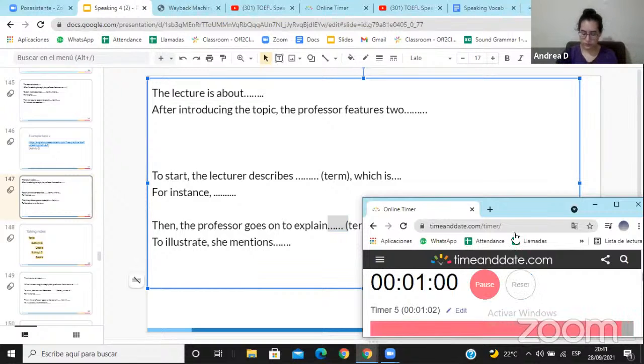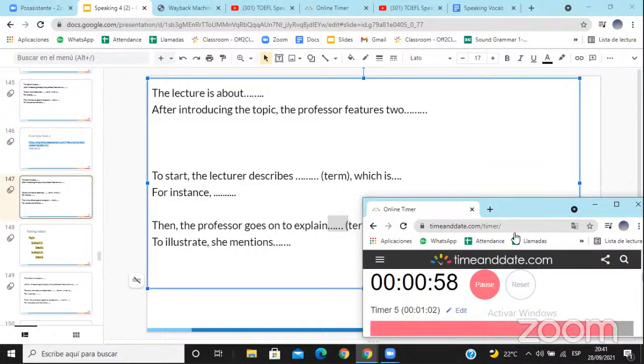Okay, the listening is about how human psychology can kind of play with us. Just after introducing the topic, the person who is talking about psychology, she mentioned that when we feel difficulty, our unconscious tries to protect us.